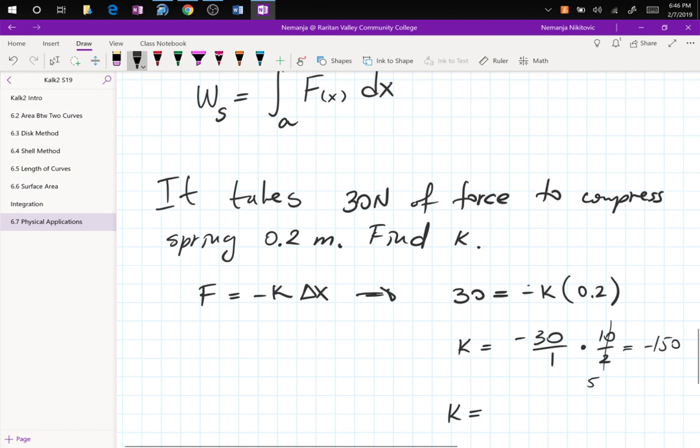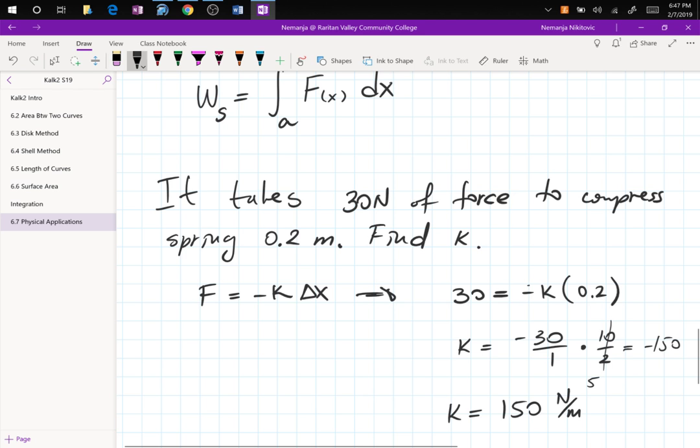You see a speed limit on a highway because they're assuming you will be going the same direction as everyone else. There's no need to say velocity limit, because velocity assumes how fast you're going and a direction in which you're going. So you will just say 150, and the units would be newton divided by a meter.